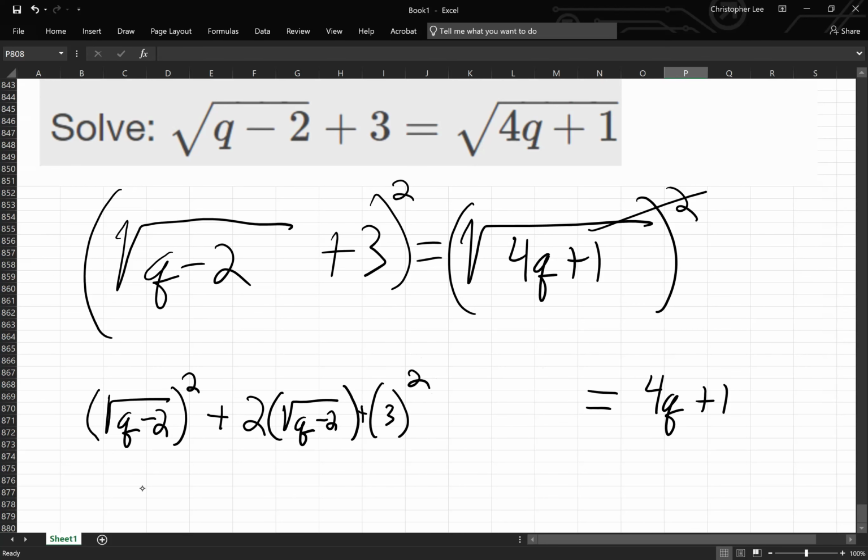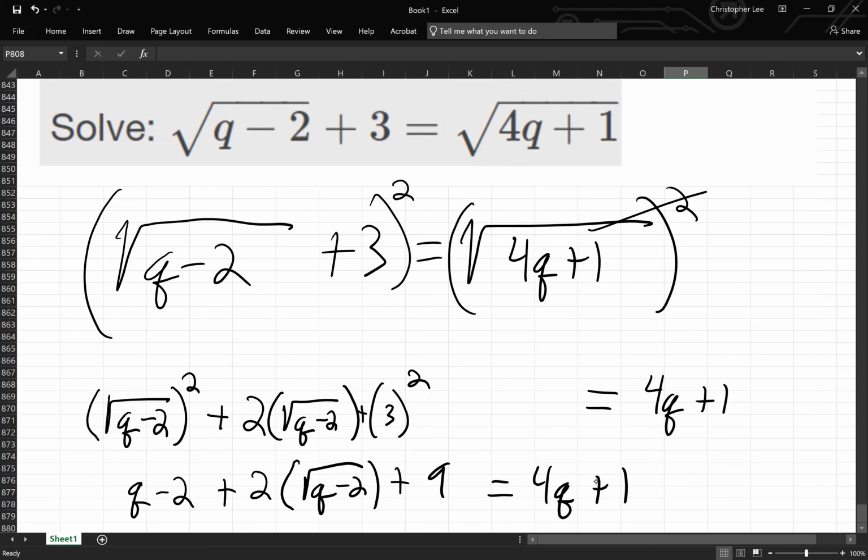Equals that. So this is going to be q minus 2, plus 2 square root of q minus 2, plus 9, is equal to 4q plus 1.